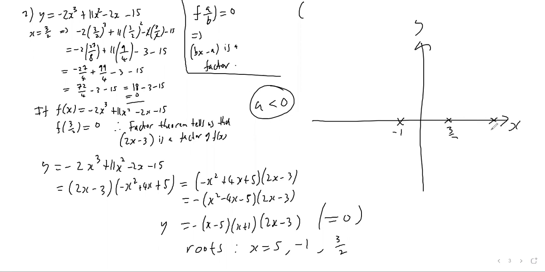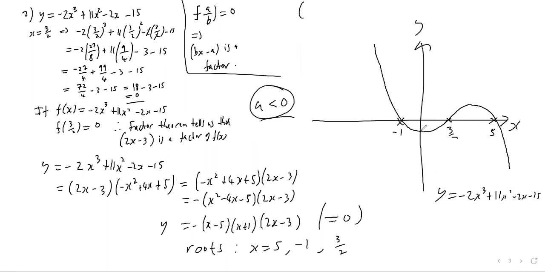It's a negative cubic shape because of the negative coefficient, the -2 there. So it's going to be something like this, going through all of our roots like that. And so that would be our sketch of our graph, -2x cubed plus 11x squared, -2x, -15.